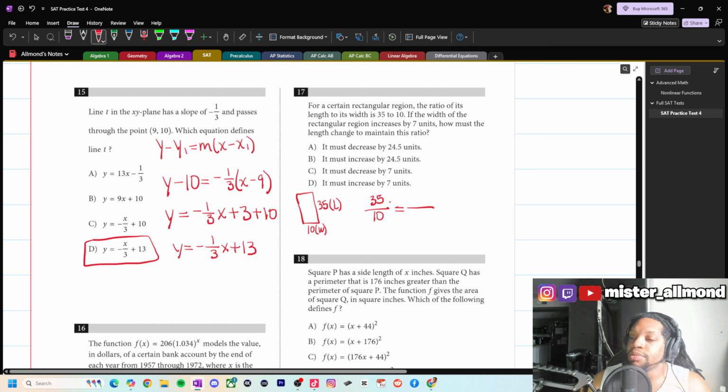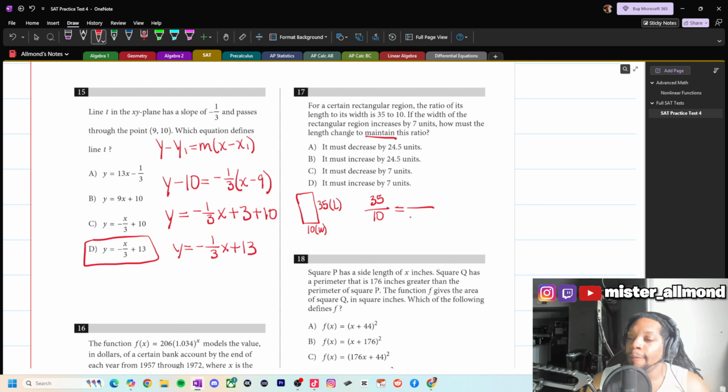So that should be equal to, because it says maintain, and the width goes up by 7, so that is now 17. And then how must the length change? It's saying the length has to either increase or decrease. So I'm going to just put x and then figure out what 35 had to do to get to x. That's my strategy.